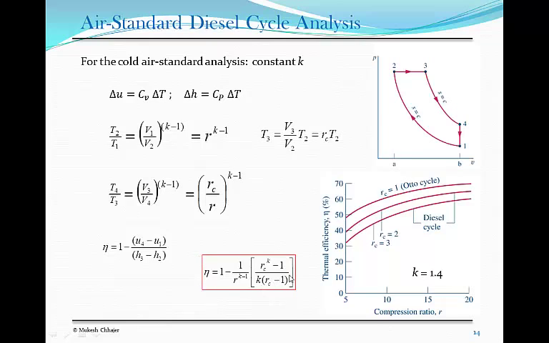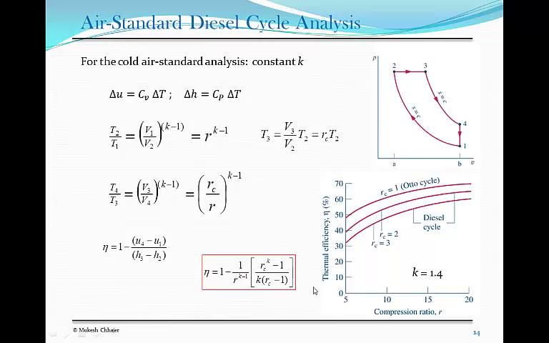Then we get an efficiency which is given only in terms of r, the compression ratio, rc, the cutoff ratio, and k, the ratio of heat capacities for the ideal gas. So it does not require you to know volume as such. We can still calculate the efficiency by just knowing these quantities.